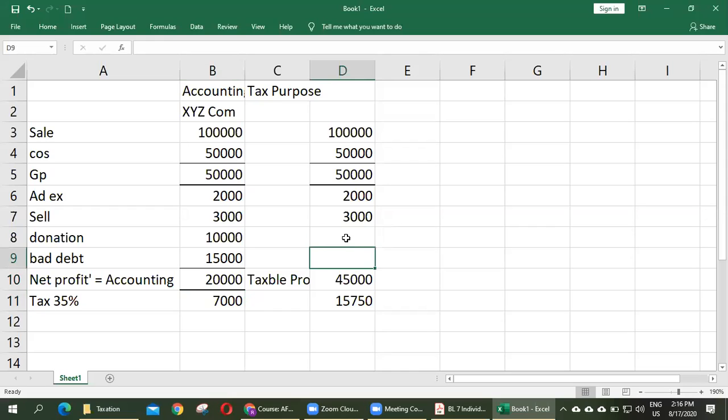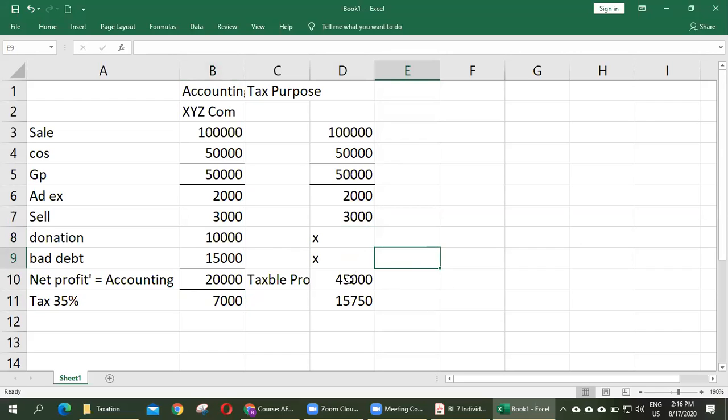Therefore, the government restricts some expenditure, say donation. This donation does not contribute to making business profit. This bad debt also does not contribute to making profit. So the government does not allow deducting this kind of expenditure.